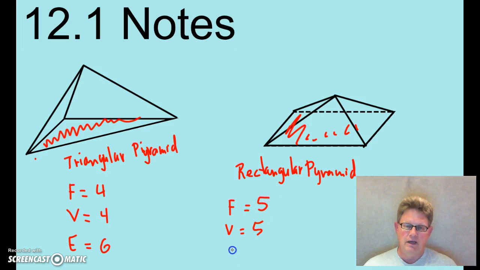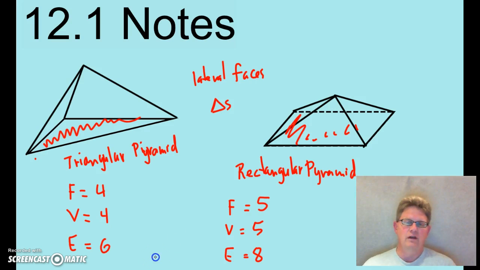That means it probably has 8 edges. 1, 2, 3, 4, 5, 6, 7, 8, and it does. Okay, all the lateral faces on pyramids are going to be triangles. The lateral faces on prisms, rectangles. The lateral faces on pyramids, triangles.